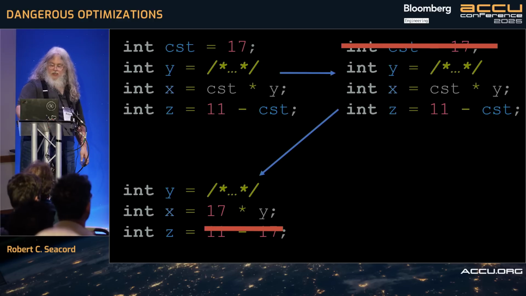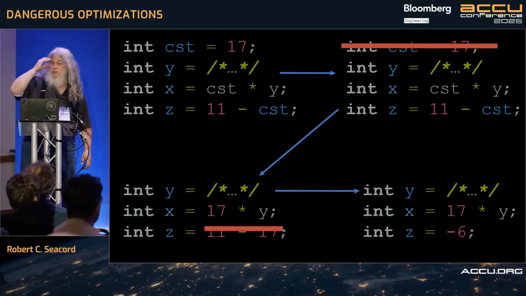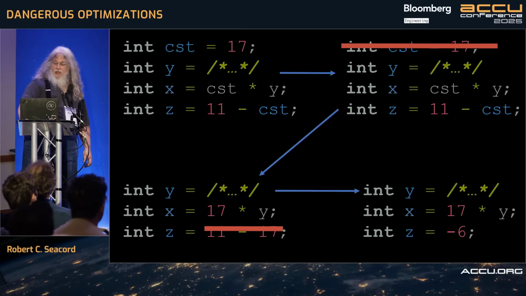So instead of CST, now we've got 17 right there. Then the next thing is we've got 11 minus 17. This is a constant expression, and again, that can be constant folded by the compiler during compilation time. So the 11 minus 17 is just replaced by -6.